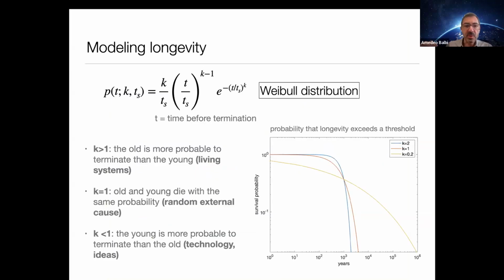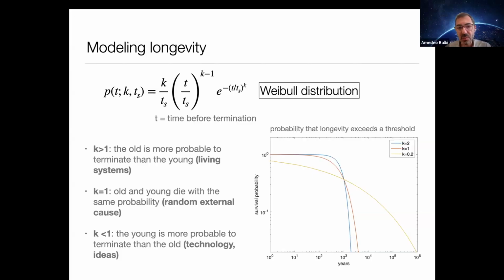You can also get something which is similar to what happens with random external causes. So there isn't a clear preference for old or young to die before. But in technology, you have a very interesting feature, which is that the young is actually more probable to terminate than the old. When you adopt a new technology, there is a very high mortality.